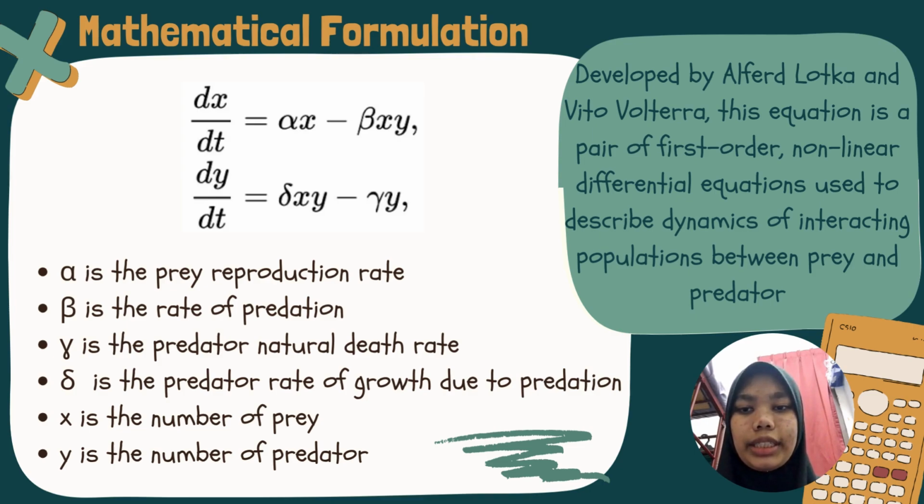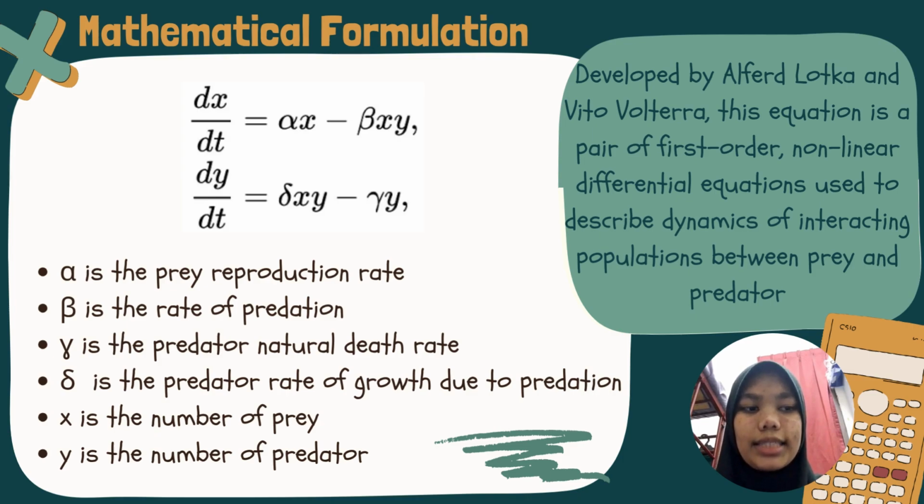As the definition, alpha is the prey reproduction rate, beta is the rate of predation, gamma is the predator natural death rate, delta is the predator rate of growth due to predation, while x is the number of prey and y is the number of predators.